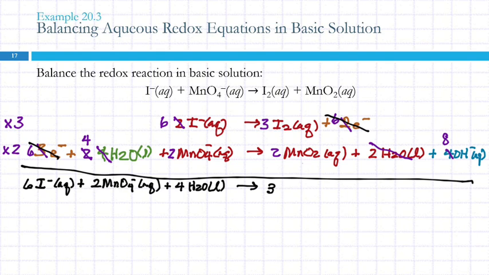It's going to give me 3 I2 plus 2 MnO2 plus 8 hydroxide ions. If we add up the charges on each side, they're going to be equal. If we count the different elements, atoms, they're going to add up being equal. Questions?